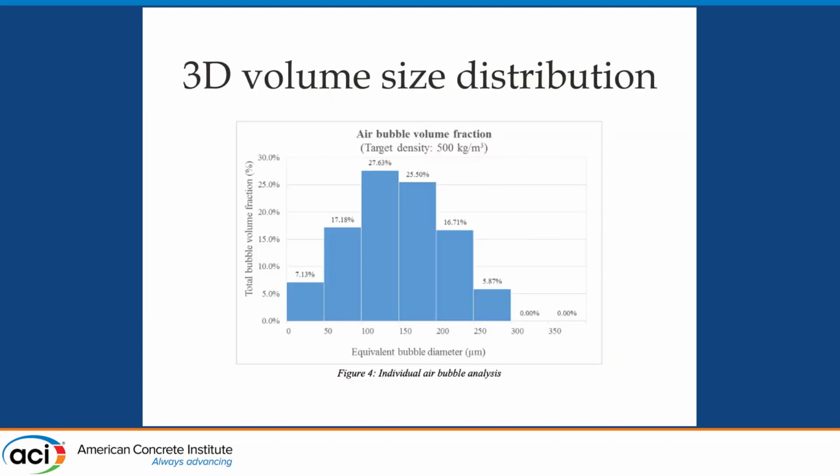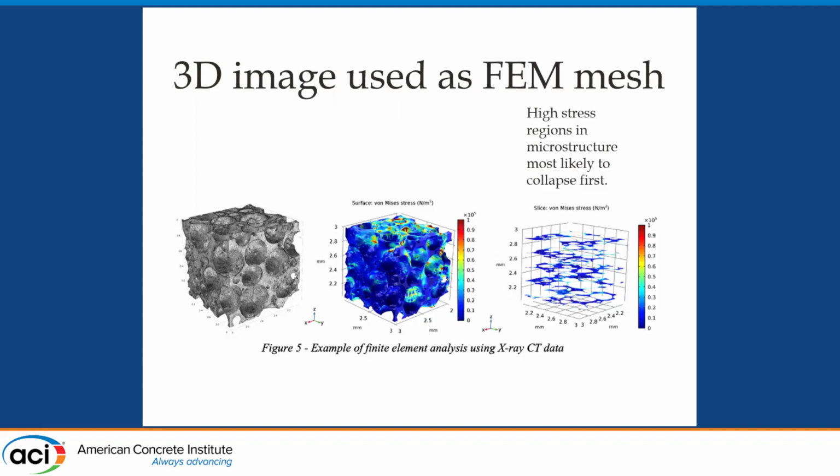You could also do calculations. You could do a three-dimensional volume size distribution of the bubbles that we had in those cellular structures. We could also take that same mesh and say, hey, that actually constitutes a finite element mesh. We could take the experiment from CT, make the mesh for finite element analysis, and load it.